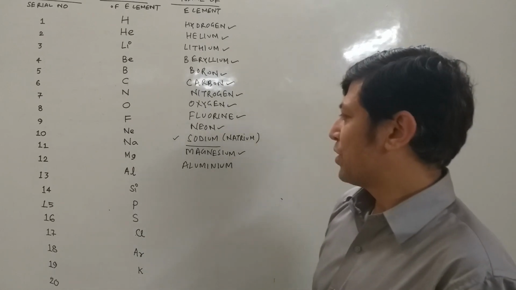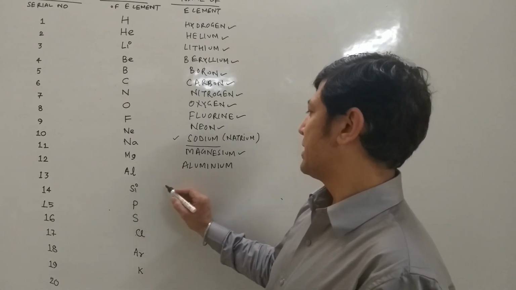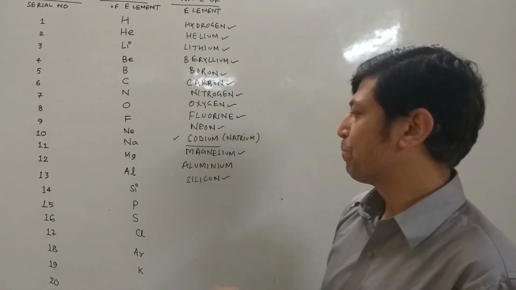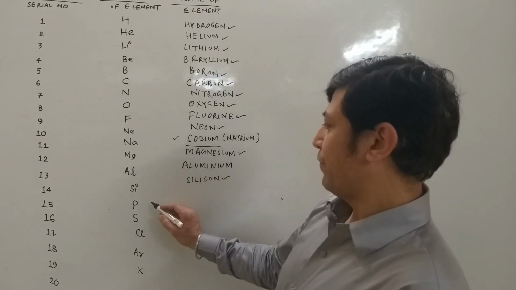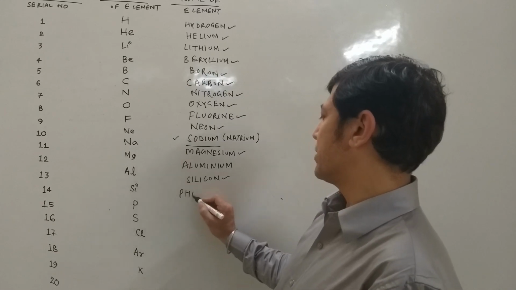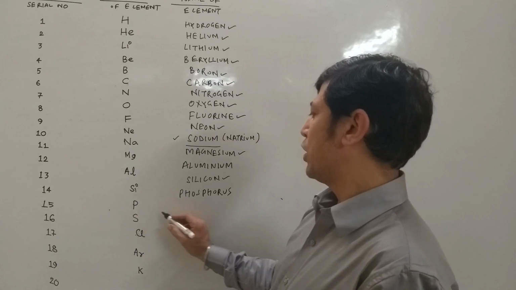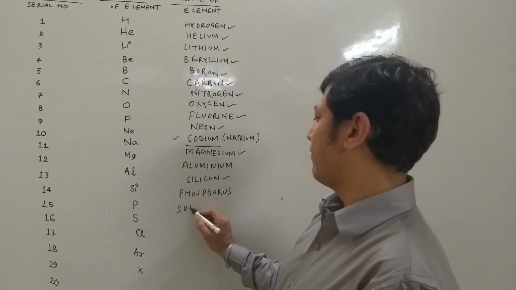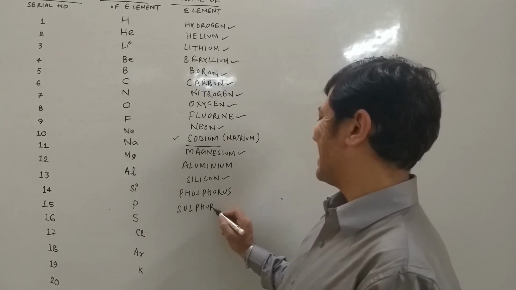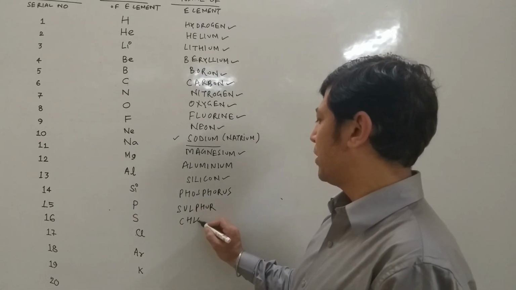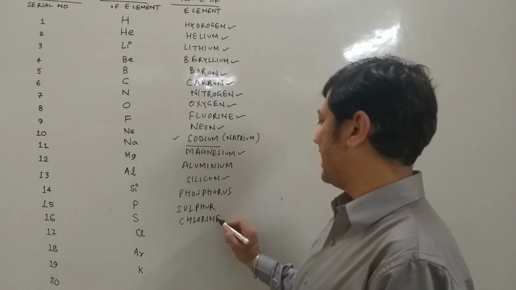Atomic number 14 is silicon, the symbol is Si. Atomic number 15 is phosphorus, the symbol is P. Atomic number 16 is sulfur, the symbol is S. Atomic number 17 is chlorine, the symbol is Cl.